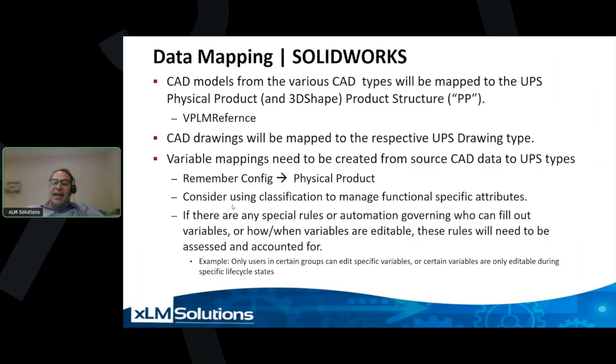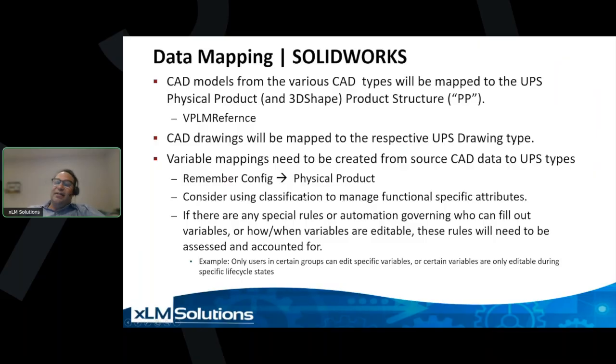There's a role within 3D Experience called Classification Manager, or CCM, and it allows you to classify the data, and you can have specific attributes per those classifications. So a lot of times I like to create classifications of the data to put attributes on it, versus putting them directly on the physical product.